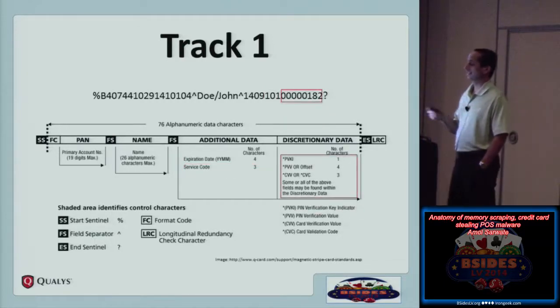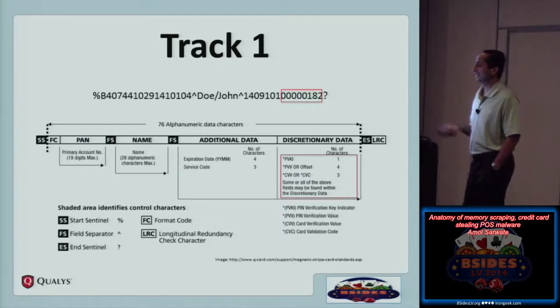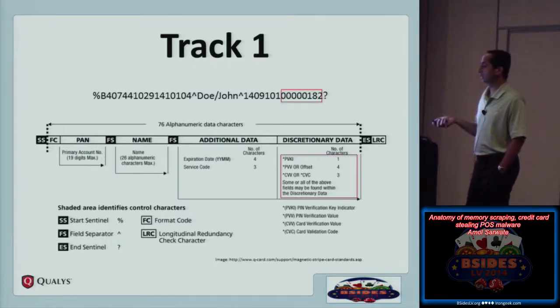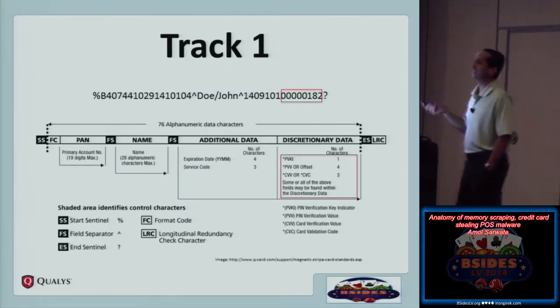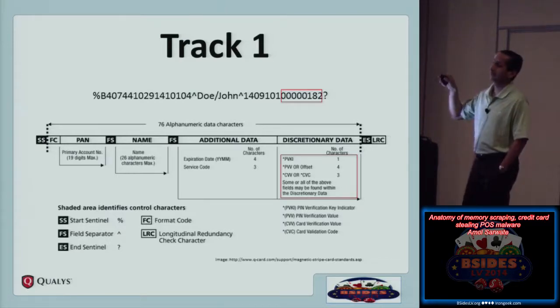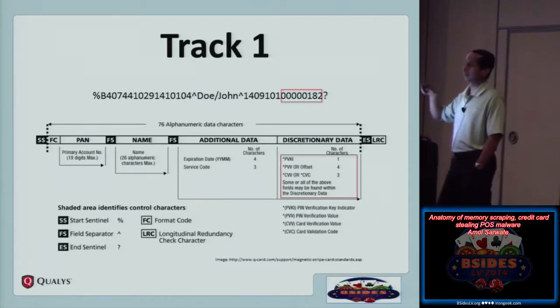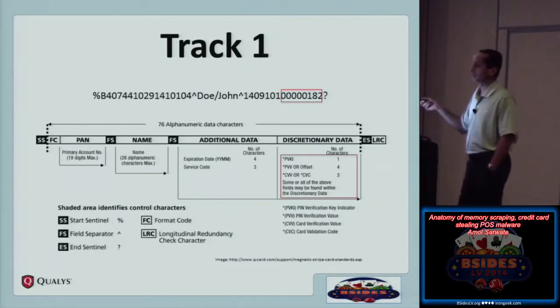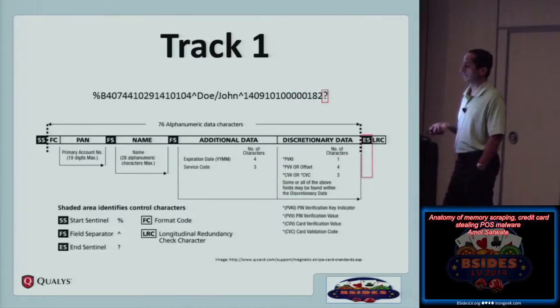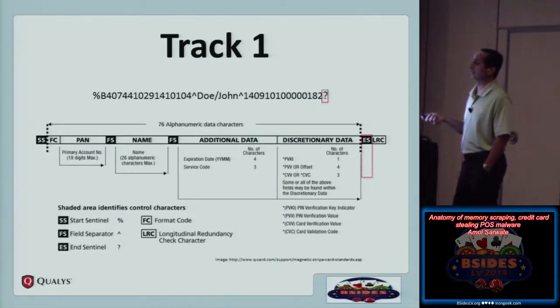Followed by discretionary data. This data has basically your PIN verification value and your card verification value, or the card verification code, the CVC that I mentioned earlier. And this CVC, as you remember, is different from the CVC which is printed on the back of your card. And then it has your end sentinel, which tells that that's the end of track 1 data.